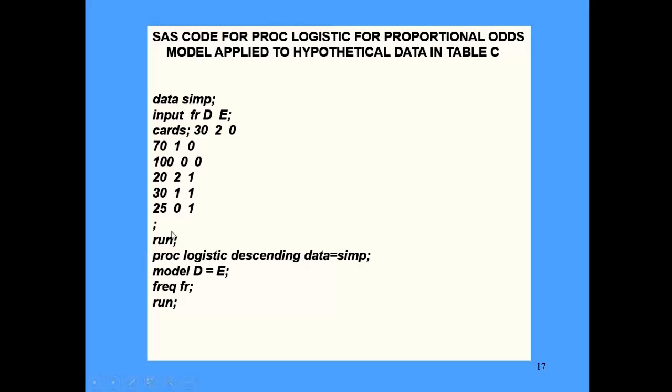So what are these other numbers? The 2 and the 0 and the 1 and the 0? That's distinguishing from the table whether somebody had the health outcome, D equal to 0 or 1 or 2, or whether they were exposed or unexposed. So these 6 lines are describing all the data in that 3 by 2 table.